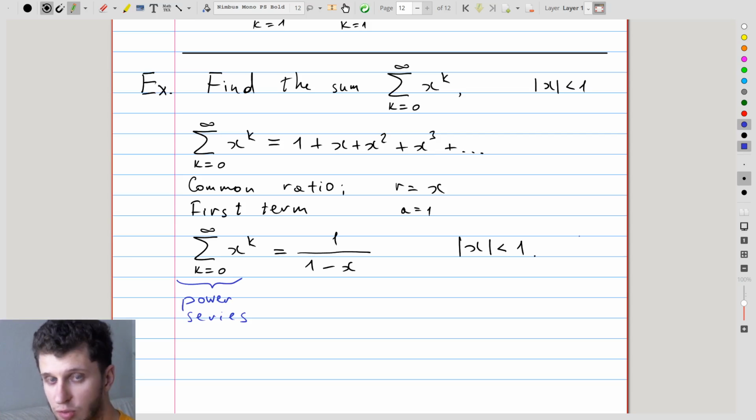For now, I just want you to appreciate the fact that not only can we represent numbers as sums of infinite series of terms, each of which is a number itself, but we can also do the same thing with functions. We can represent functions as infinite sums of polynomials.